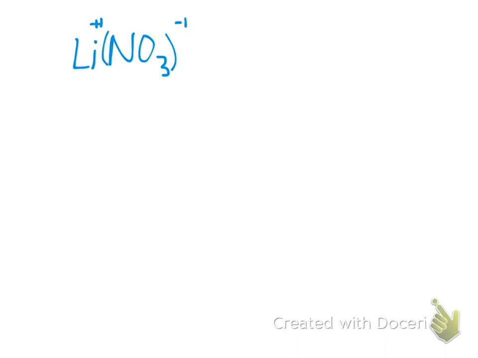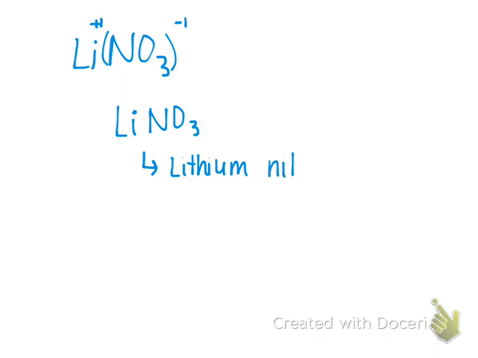Nitrate as a whole has a -1 charge, so they should come together in a 1-to-1 ratio, which means our final answer is LiNO3, and the name of that compound is lithium nitrate. Lithium nitrate.